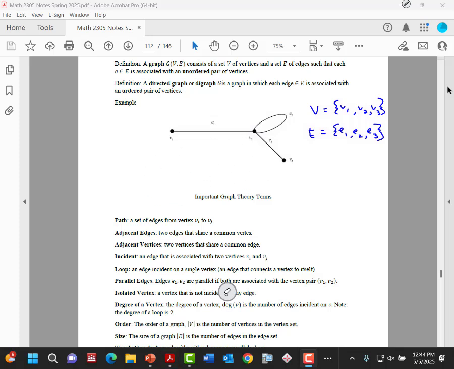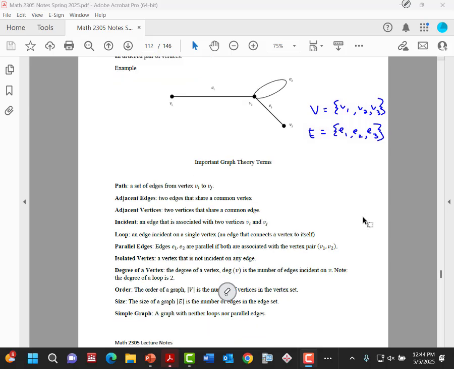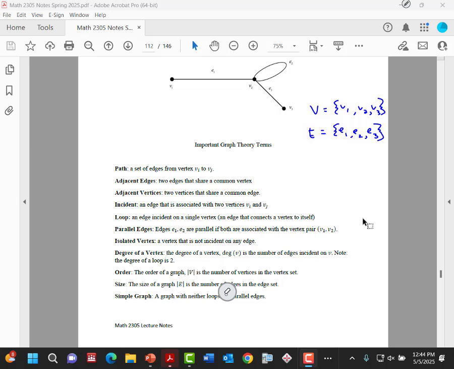Now, let's take a look at several definitions, and we won't take a look at all of these, but it is imperative that we understand the bulk of these terms and definitions. So a path is a set of edges from vertex V sub i to V sub j. So for this graph right here, I have a path from V1 to V3 by taking E1, then E3.